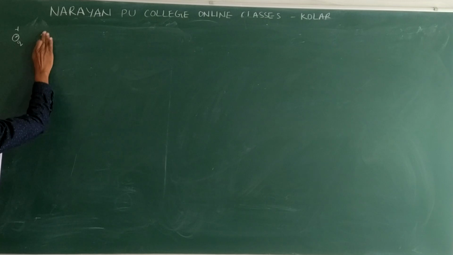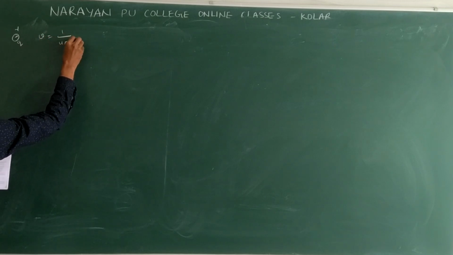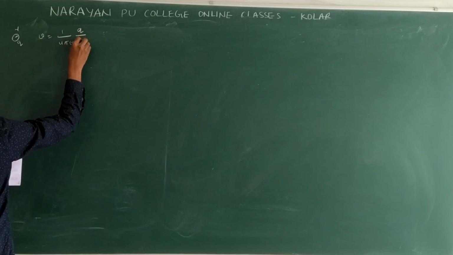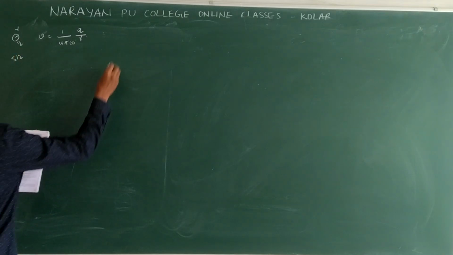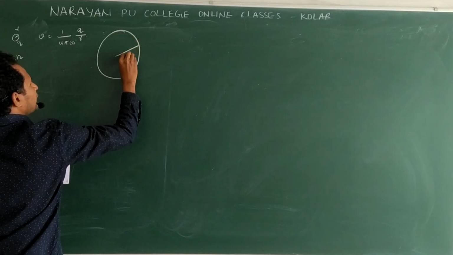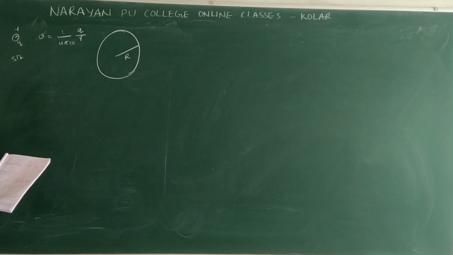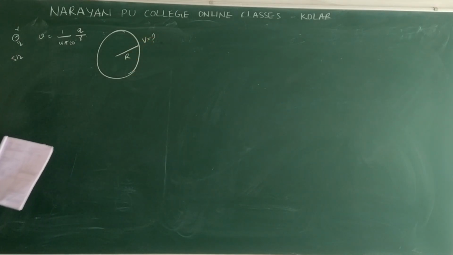Then this potential small v is equal to 1 by 4 pi epsilon naught q by r. Clear? They are forming a bigger drop. Total 512 droplets are there. These are all combined forming a big drop. Let us say this big drop radius is capital R. This big drop potential they are asking.